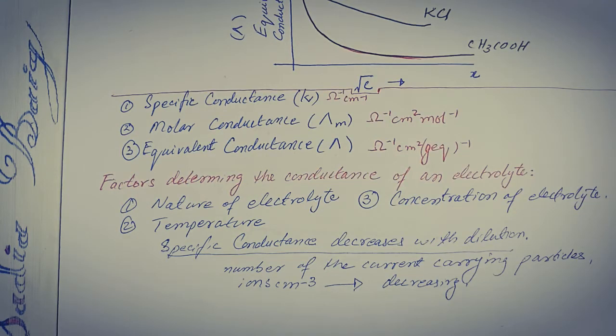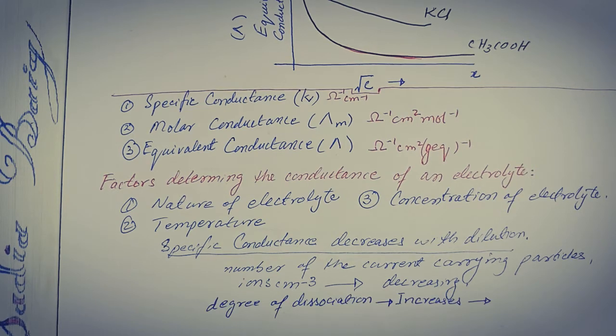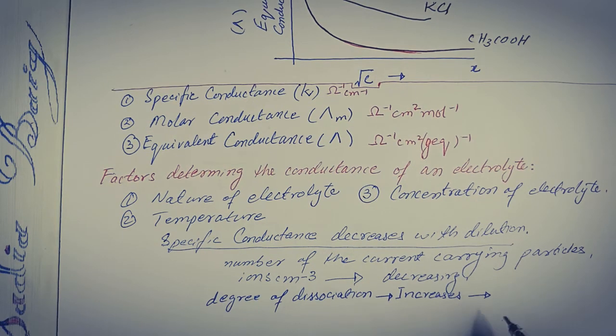So here no doubt the degree of dissociation increases with dilution, but the number of ions per centimeter cube are decreasing to such an extent that even a complete dissociation does not produce as many ions per centimeter cube as are present before dilution.